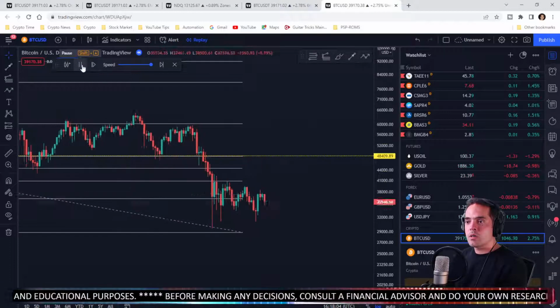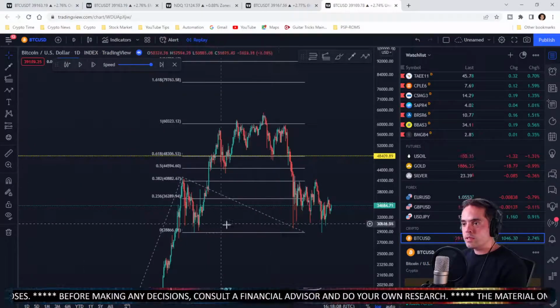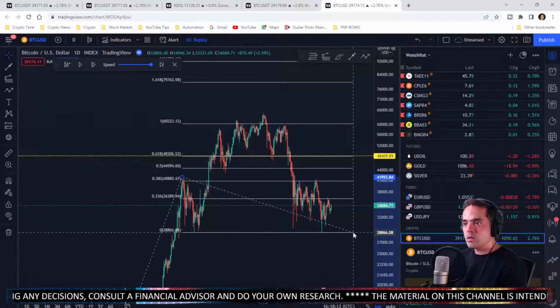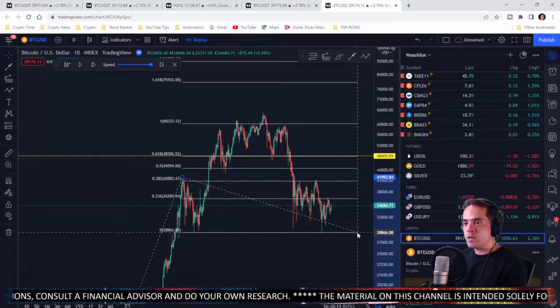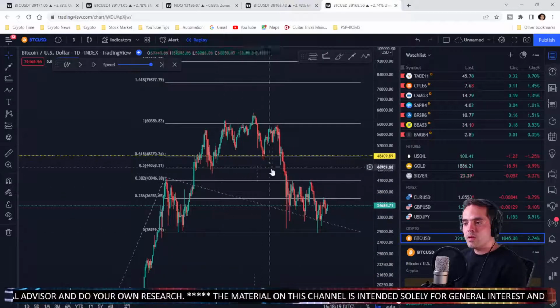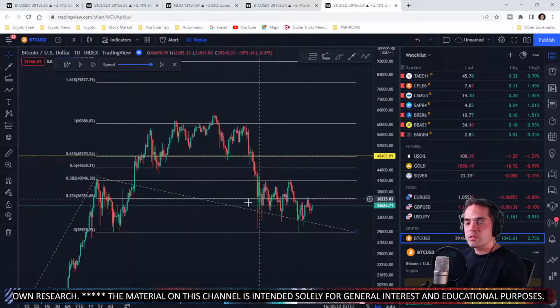So you got the picture, guys. If we extend that to the right side, we see that the price is moving through those support and resistance.